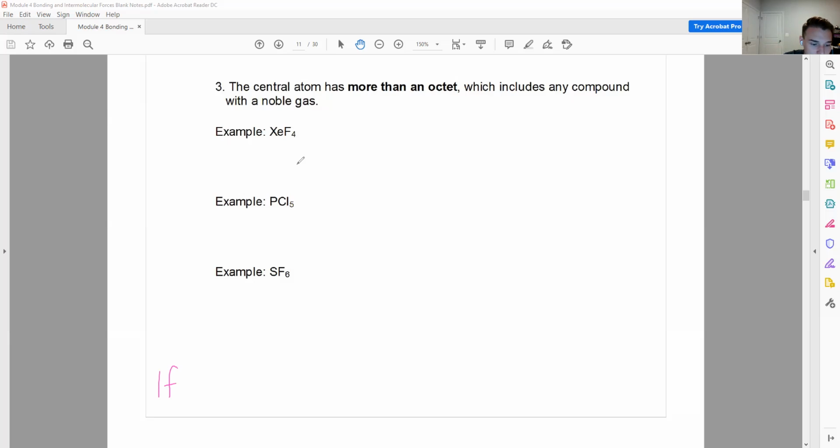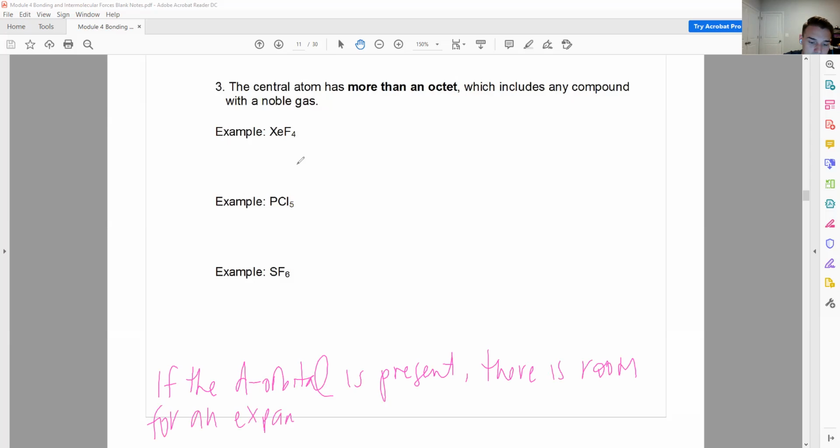Well, if the d orbital is present, there is room for what we call an expanded octet.